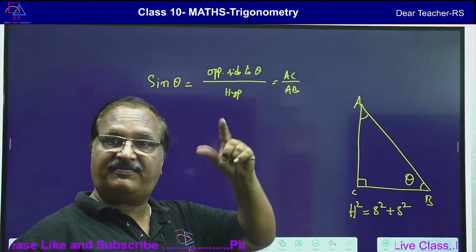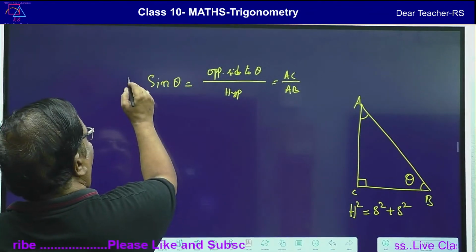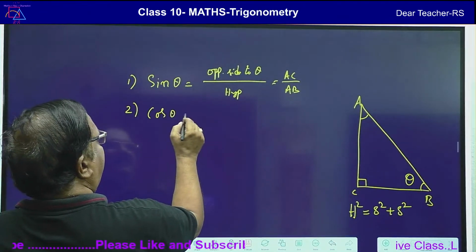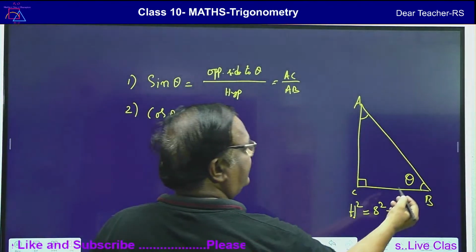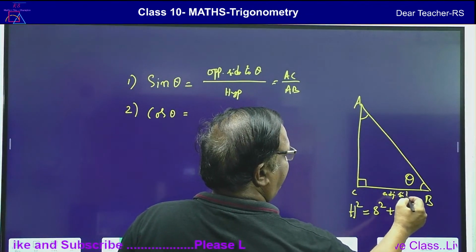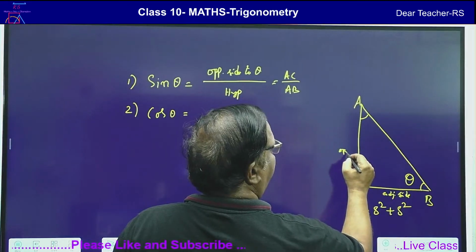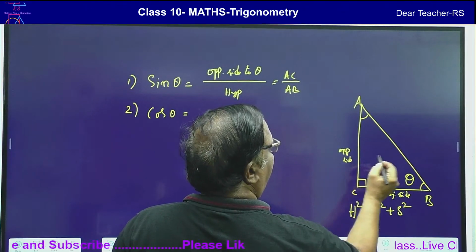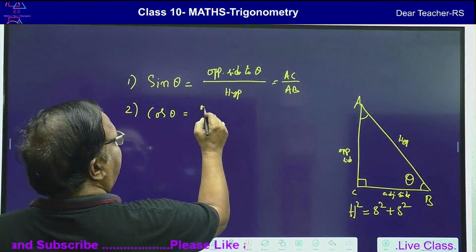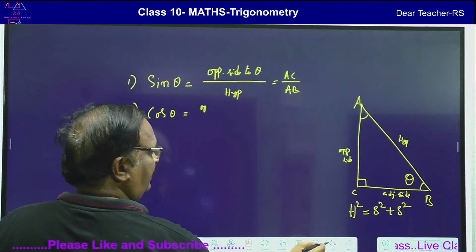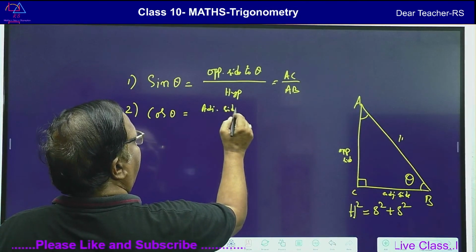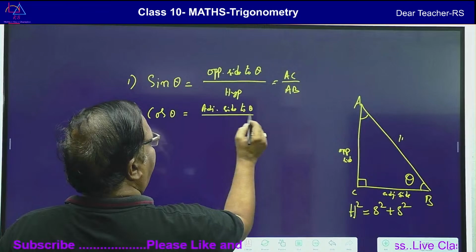This is the first ratio, I will write 1. The second ratio is cos theta, and cos theta is the adjacent side to theta by hypotenuse. I can write here adjacent side, and this is the opposite side, and this is the hypotenuse.